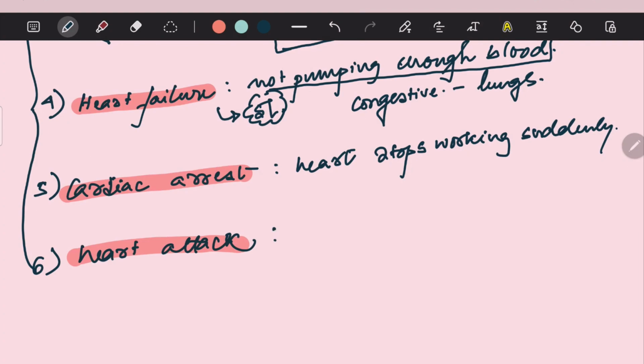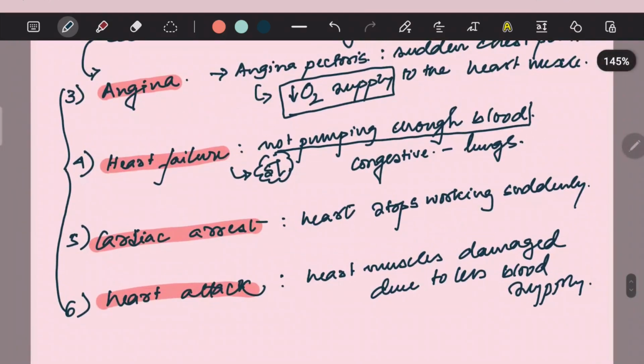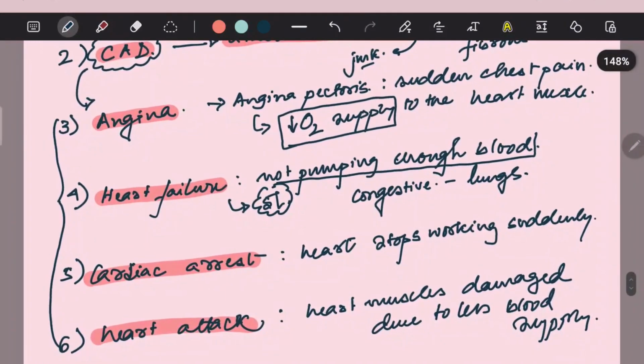And the last one, called heart attack, is when the heart muscles are damaged due to less blood supply to the heart. We should not confuse these things because in layman's language, we tend to say heart failure, cardiac arrest, or heart attack to be the same thing, but it is not the case.